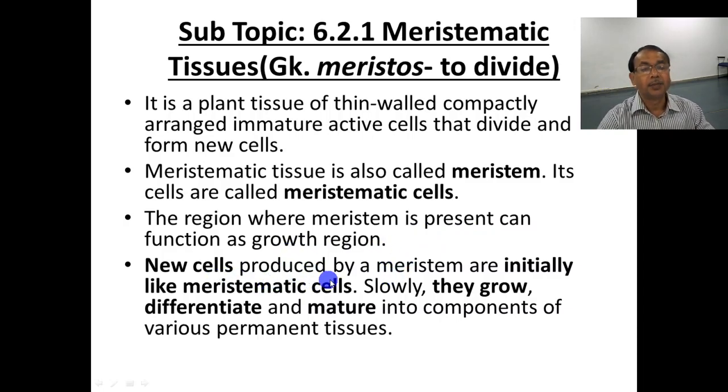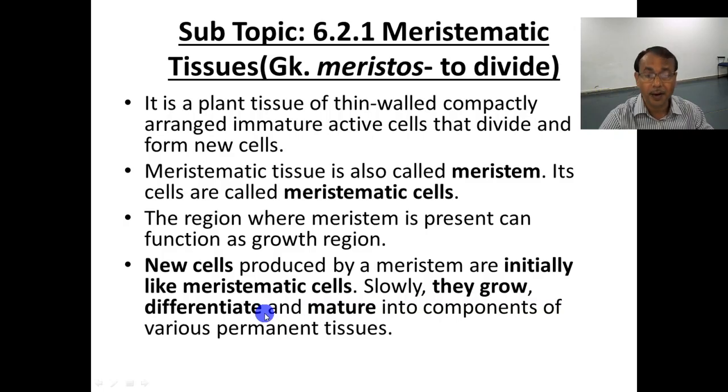New cells produced by a meristem are initially like meristematic cells. That means after division of meristems or meristematic cells, the new cells that are formed are exactly like meristematic cells. Now what happens thereafter? Slowly these meristematic cells grow in size. After that, they will differentiate.